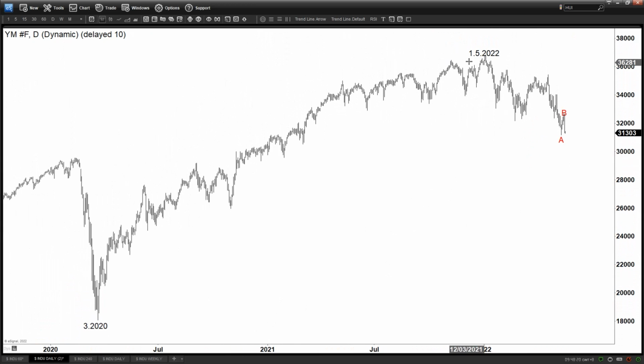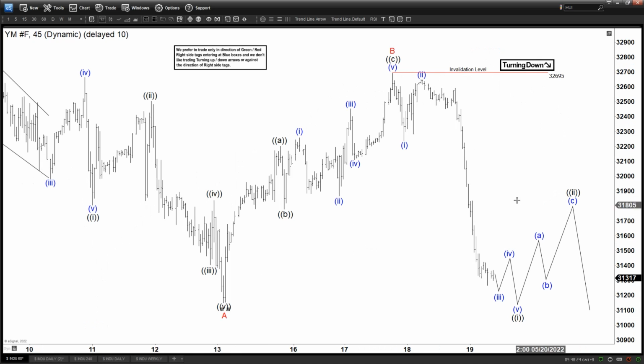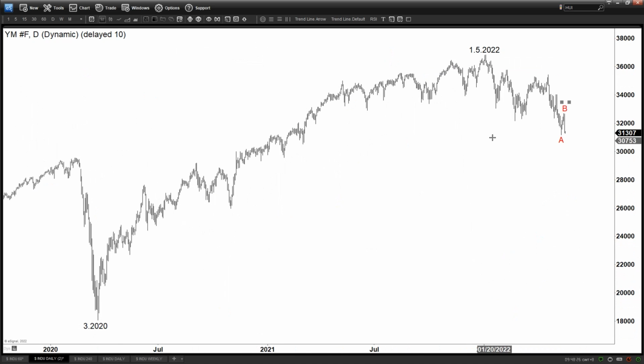So what are we looking at here? We are looking eventually, according to the 1 hour, going down. We are looking for indices, the Dow, to continue to go down. And what are we doing here? Well, at the least we are correcting this 2-year rally.